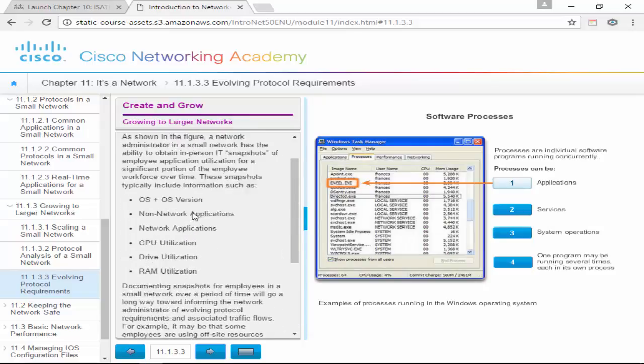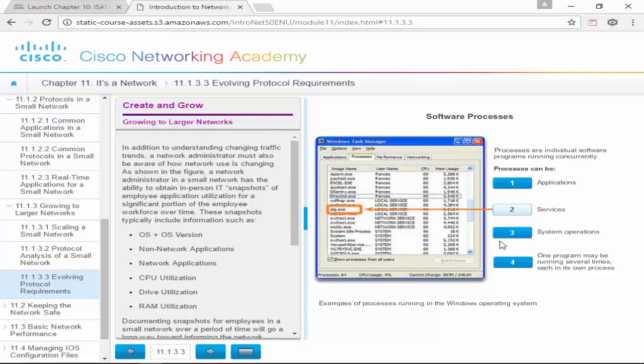I don't know. It's just talking about, okay, so learn to use your task manager, apparently. Basically what I think they're saying here is as IT evolves, we need to know OS versions, how much network our applications are using, especially when we start going to big networks.